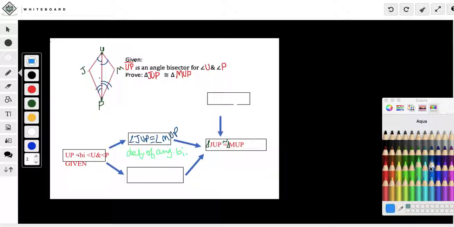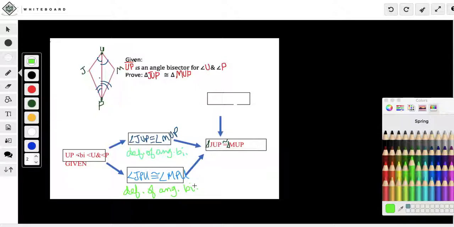All right, so then we're going to go to our next one, which is JPU is going to be congruent to MPU. And again, that's because of the definition of an angle bisector.